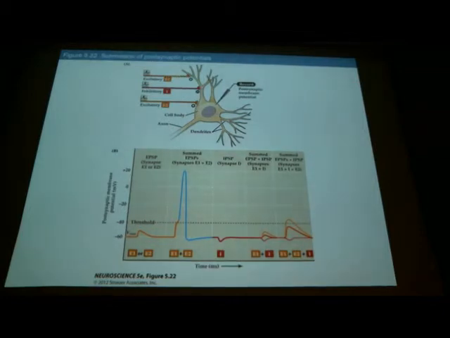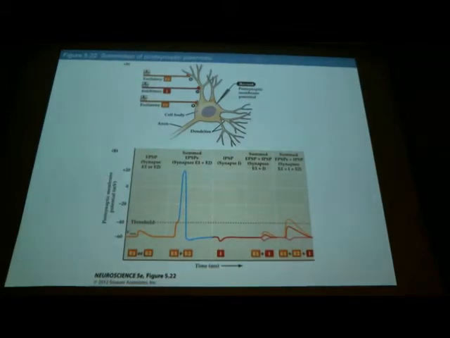It causes exocytosis, which releases neurotransmitter, which crosses the cleft, which binds the ligand-gated neurotransmitter receptor, which opens its channel, which allows ions to flow, which is an inward current in the case of excitatory, and outward current in the case of inhibitory. That causes a potential change in the postsynaptic cell. If you have an inward current, it depolarizes, and that's what we're seeing here. So there's a lot that goes on between the action potential in the axon and our measurement in the postsynaptic cell.